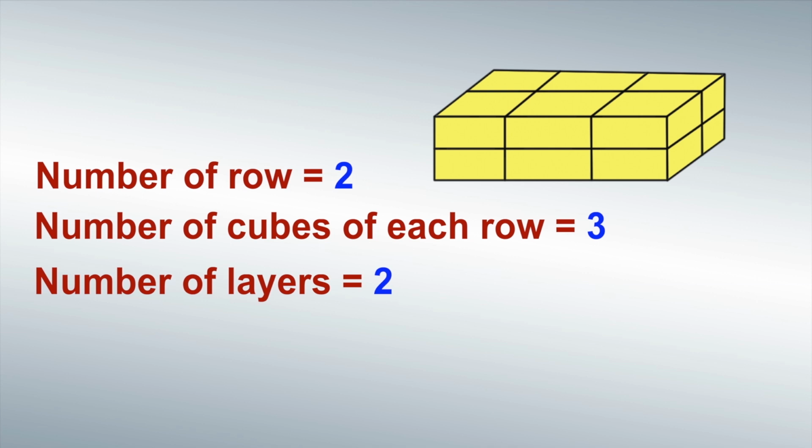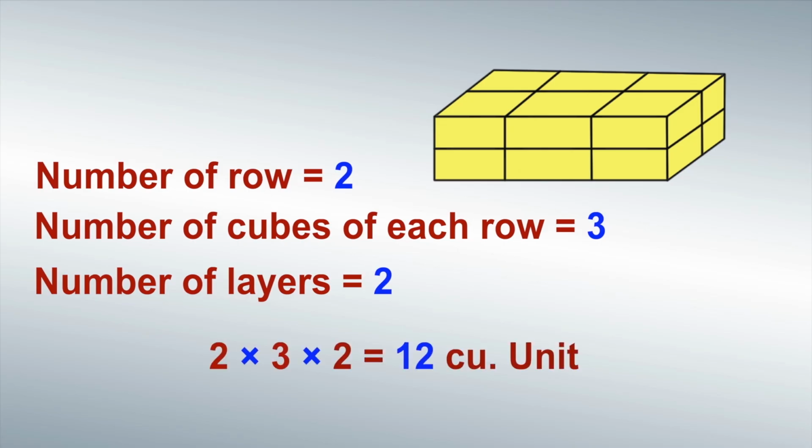How do we calculate its volume? Well, to find the total volume, we multiply the number of rows by the number of cubes in one row and the number of layers. So that would be 2 rows multiplied by 3 cubes multiplied by 2 layers, which equals 12 cubic units.